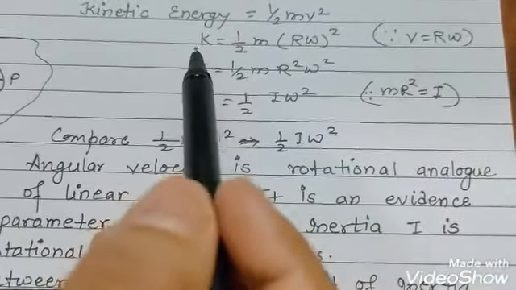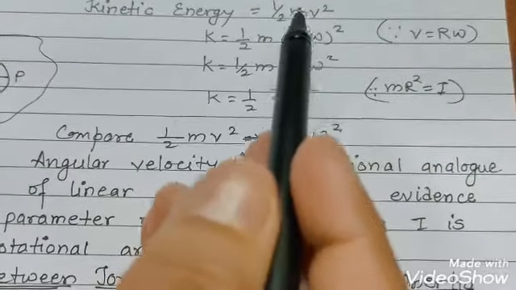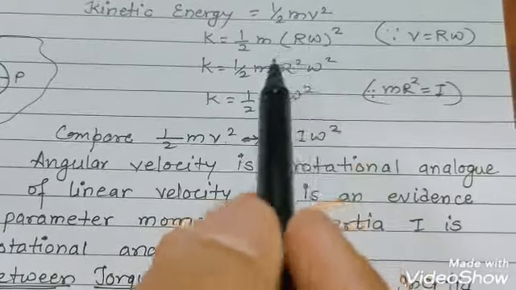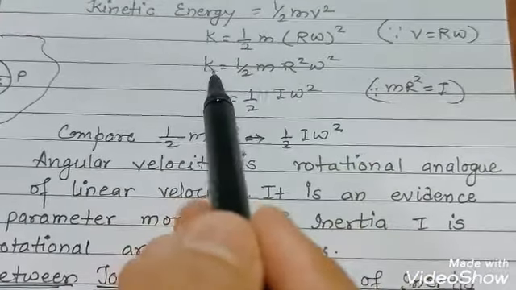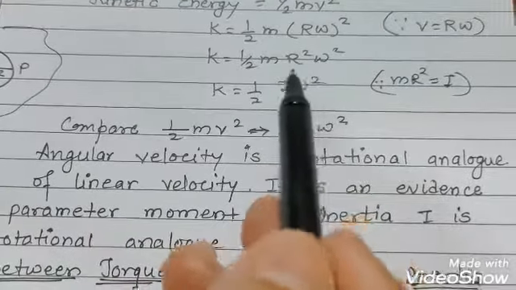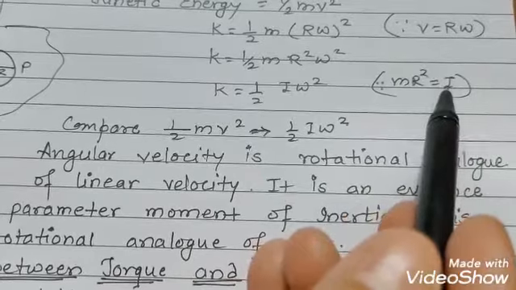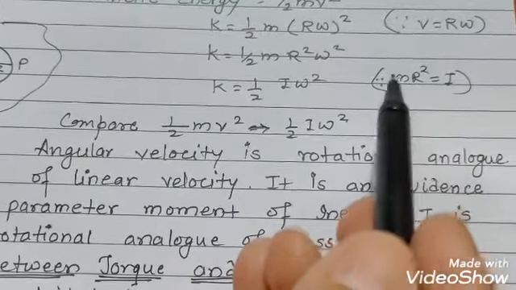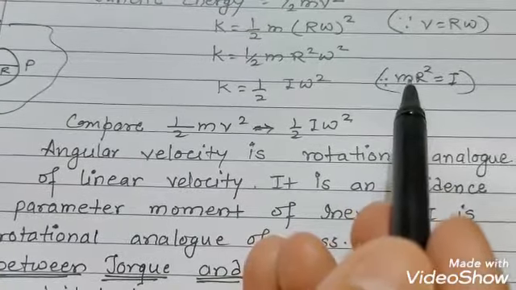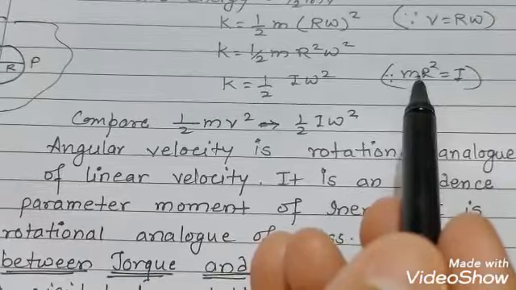Now kinetic energy k is equal to half m, and we can replace v by r omega the whole square, so k is equal to half m r square omega square. We know very well that m r square is equal to moment of inertia I, that is, moment of inertia is equal to mass into the square of the perpendicular distance of that mass from the rotational axis.